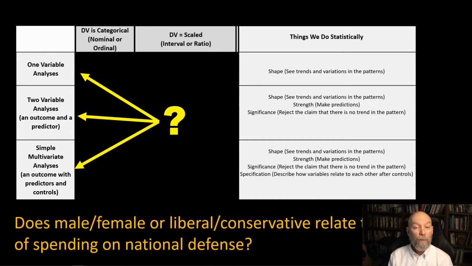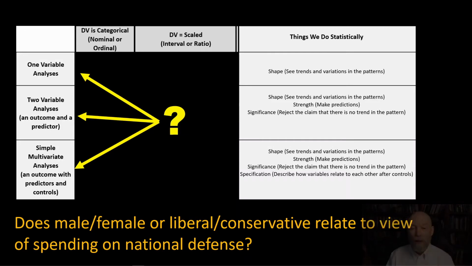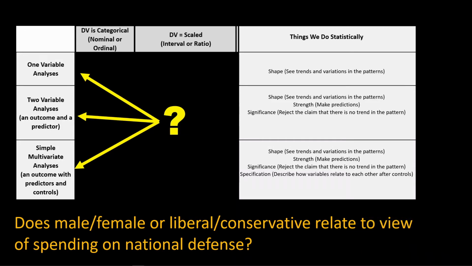And you could be doing a simple multivariate analysis where you say, do the patterns in this variable relate to the patterns in this other variable, an independent and dependent, having controlled for the effects of something else? Well, in this circumstance, I'm trying to find out if male, female, in some sense is related to, perhaps we're asking if it actually causes, views on spending on national defense, and I'm asking if liberal conservative relates to or possibly causes views on spending on national defense.